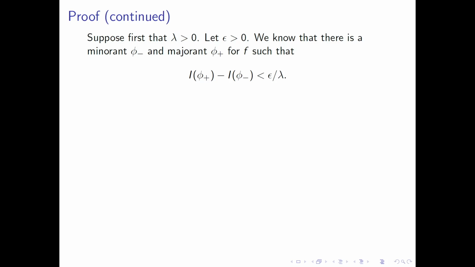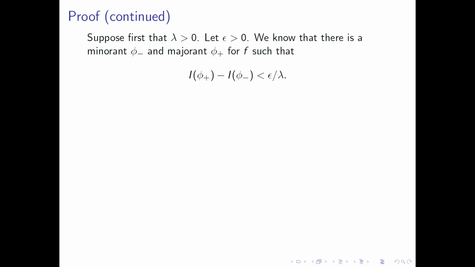Someone gives me an epsilon, and I need to show that lambda times f also has a majorant and minorant whose integrals differ by less than epsilon. Now, the argument is going to break down into three different cases: lambda greater than 0, lambda less than 0, and lambda equals 0.